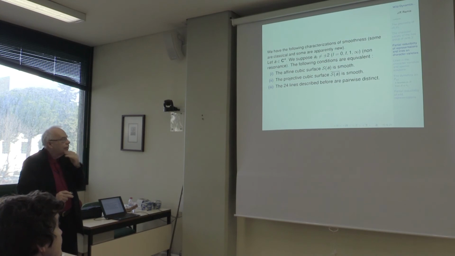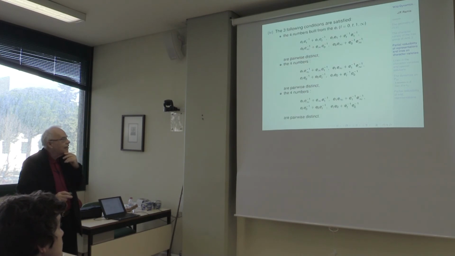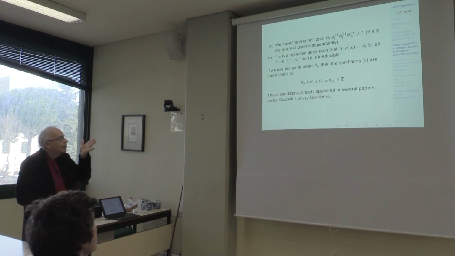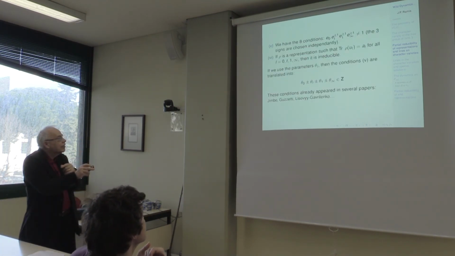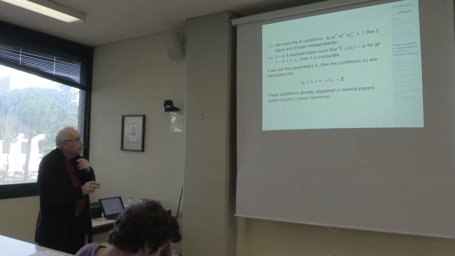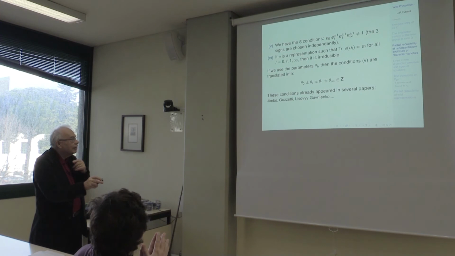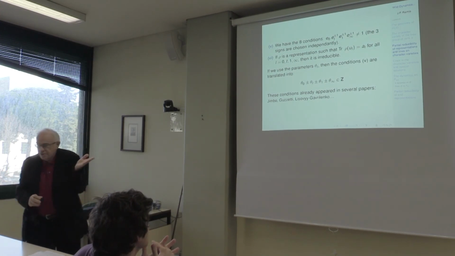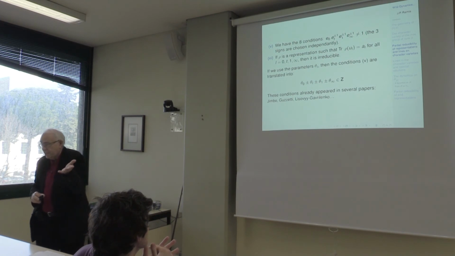That is, the compactified cubic surface is smooth. The 24 lines are pairwise distinct. You have these relations. We have these conditions. These conditions appear in many classical papers. So this condition appears in Jimbo's papers.